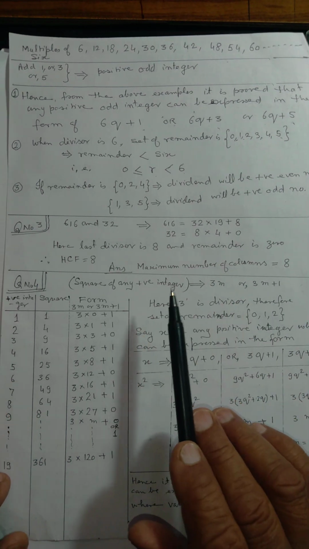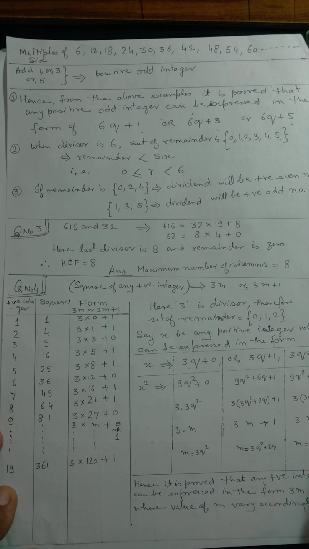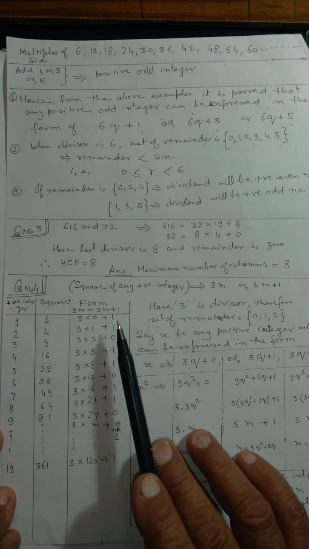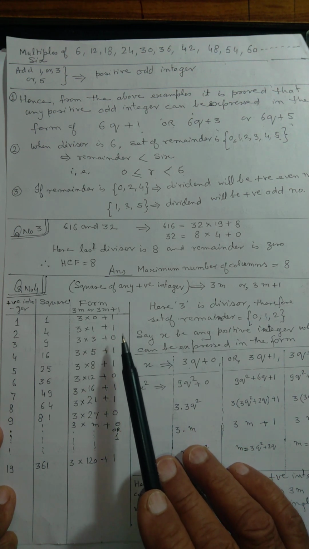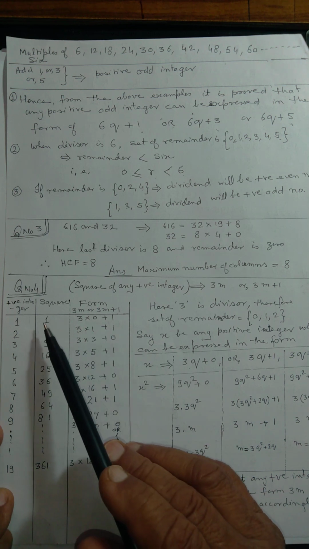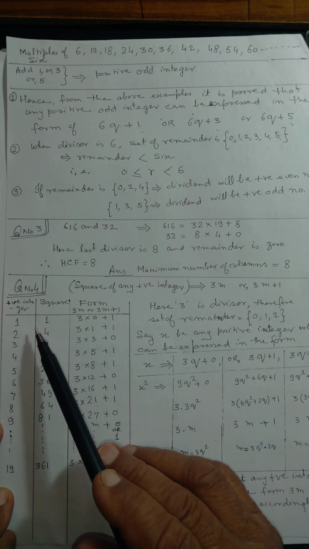Now proceed to question number 4. Use Euclid division lemma to show that the square of any positive integer is either of the form 3m or 3m plus 1 for some integer m. Before proceeding to prove it, let me illustrate with numerical data.